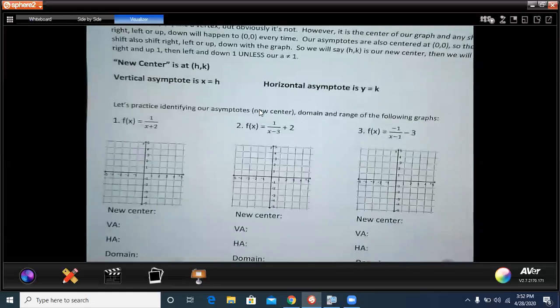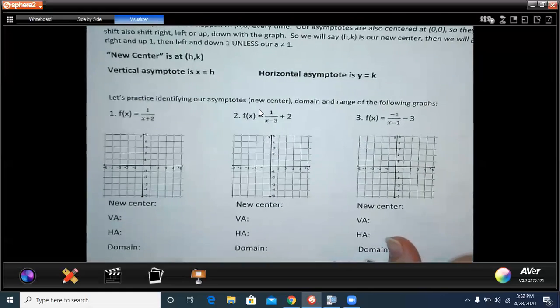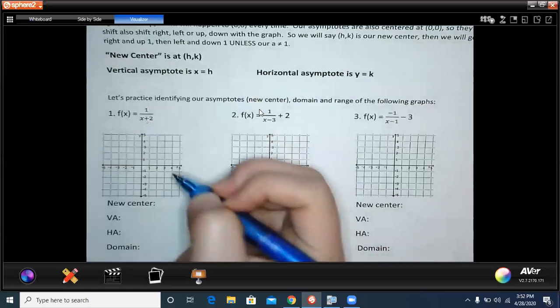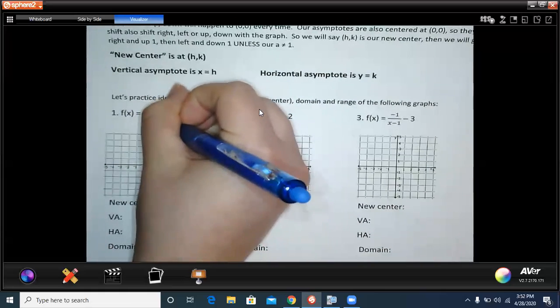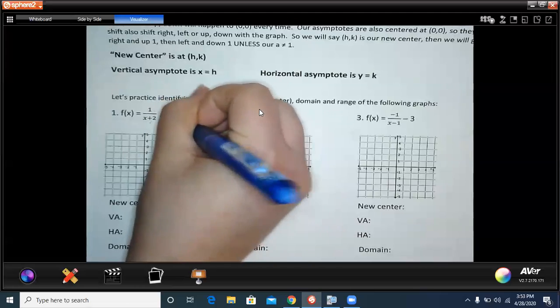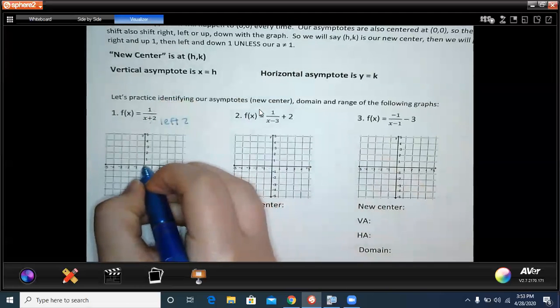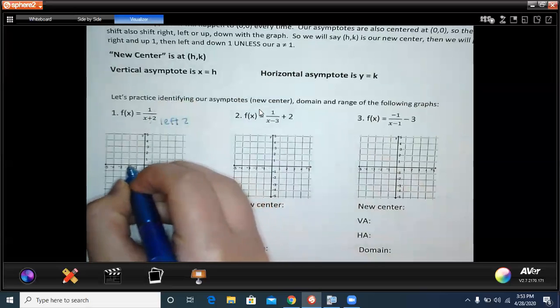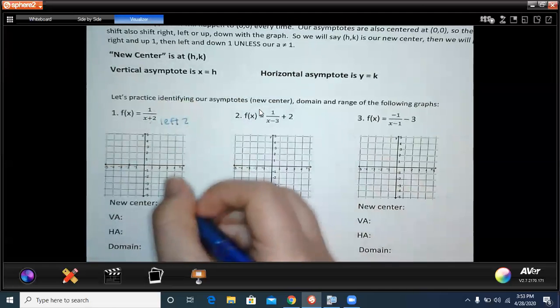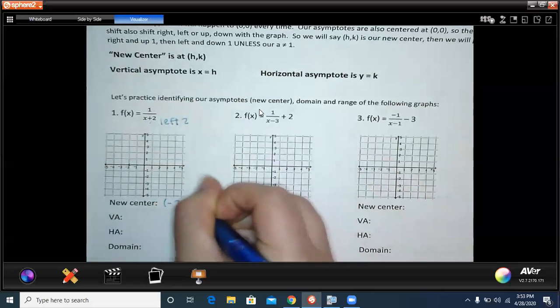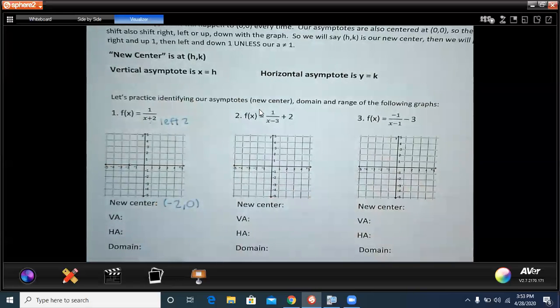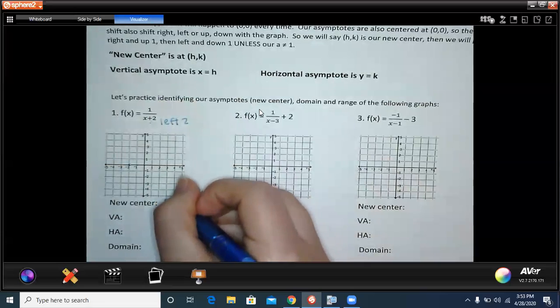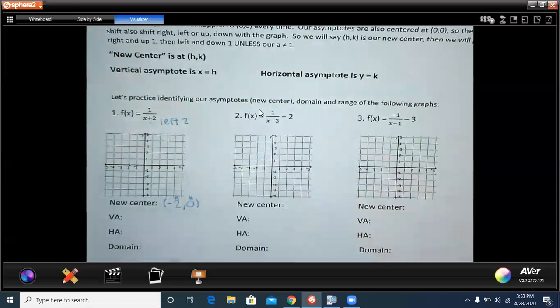So on number 1, we have the function 1 over x plus 2. So remember, opposite of what it says, this really means that we are going to move left 2 from our starting point at 0, 0. So I'm going to move over 2, and this is my new center. So my new center would be right there at -2, 0. Okay, now remember, this is my h, this is my k.